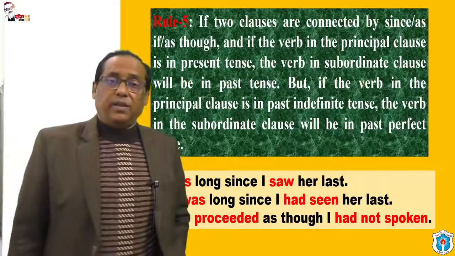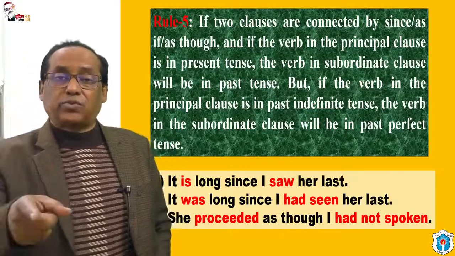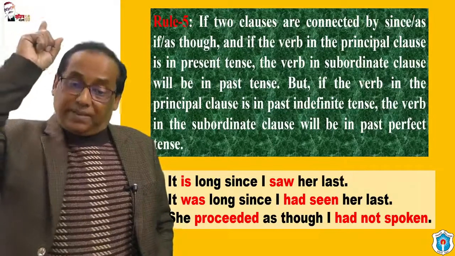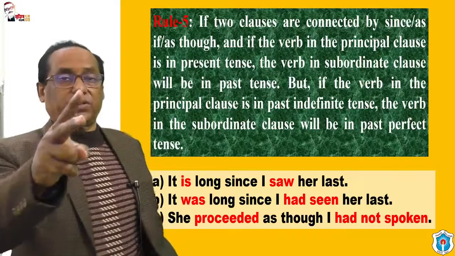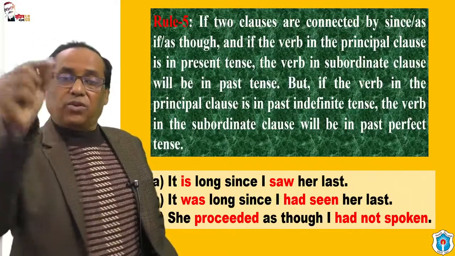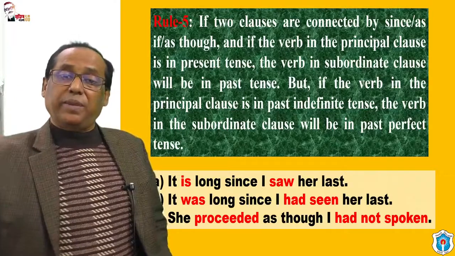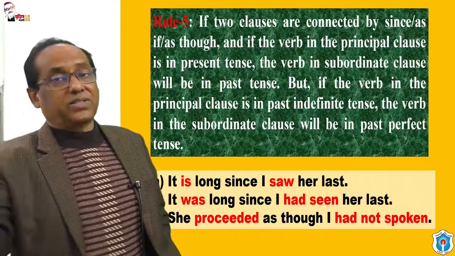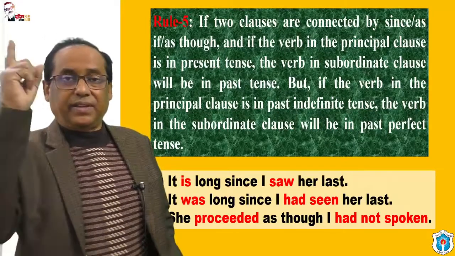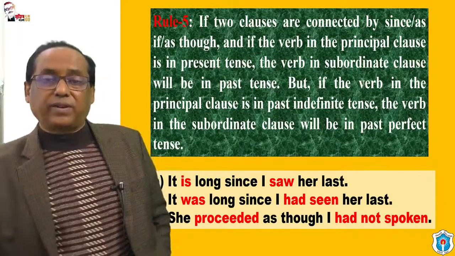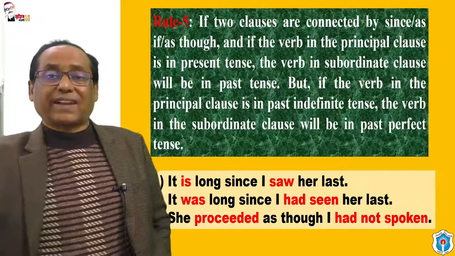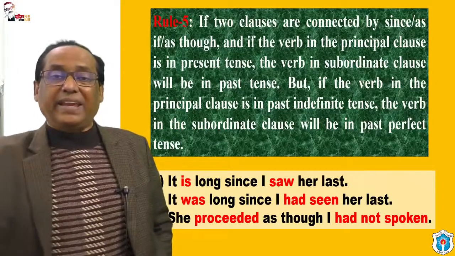So at least you have to have clear concept of 3 clauses: principal clause, which can express the meaning of a sentence clearly. Subordinate or dependent clause is that clause which can't express its meaning itself.